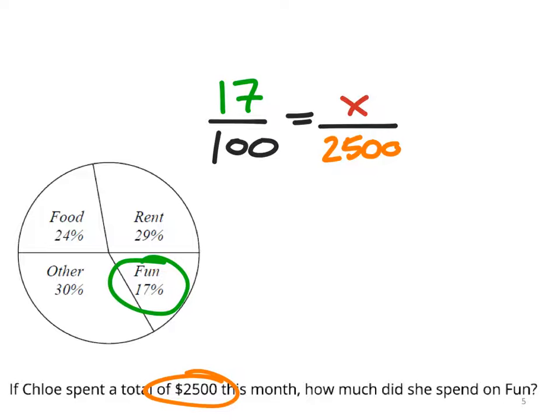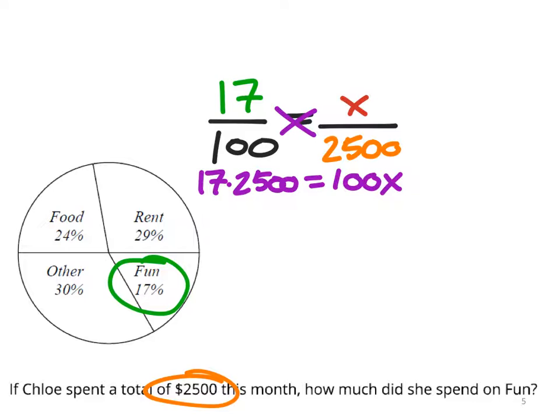And as I recall, we preferred cross multiplication on these. So the first cross would be 17 times 2,500, and should equal the other cross, 100 times x. So we'll go to the calculator at this point to do our 17 times 2,500.